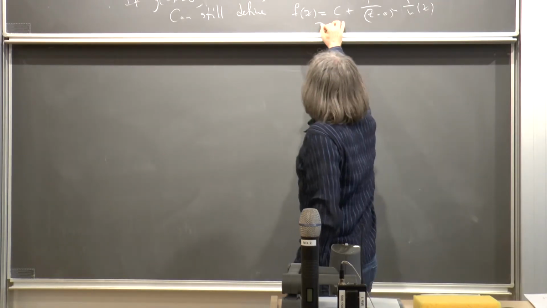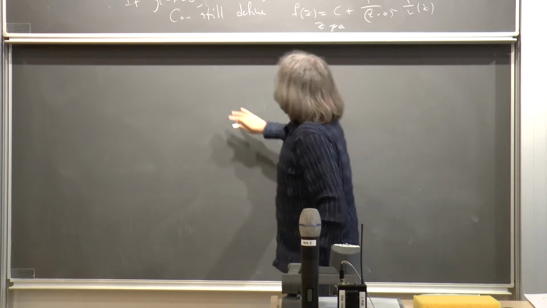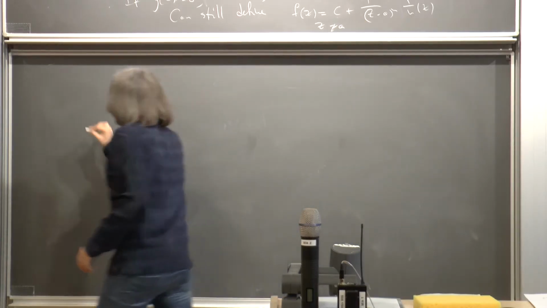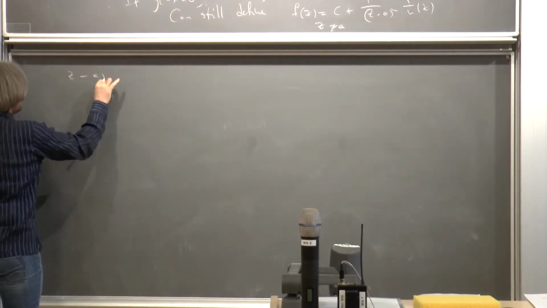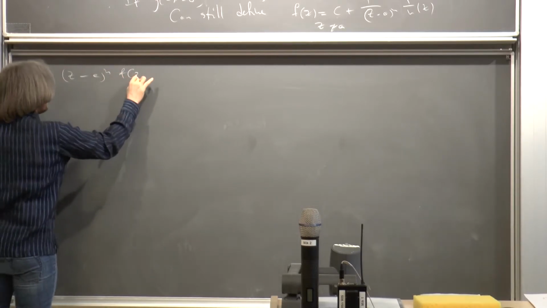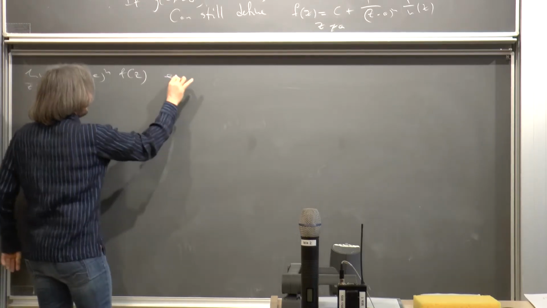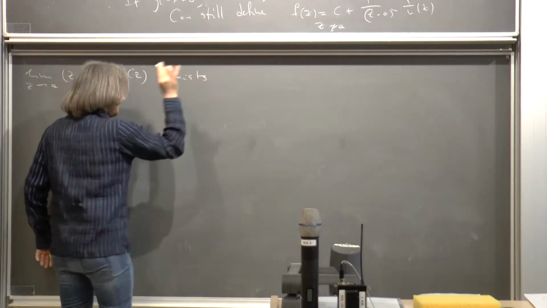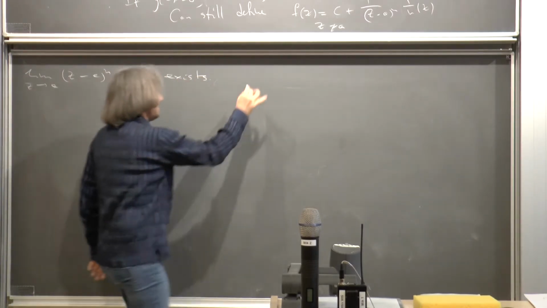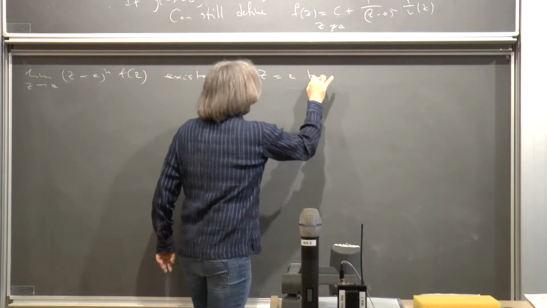This formula works for z not equal to a, but we'll see that z minus a to the n times f of z has a limit, exists. So then z equal a becomes a pole.